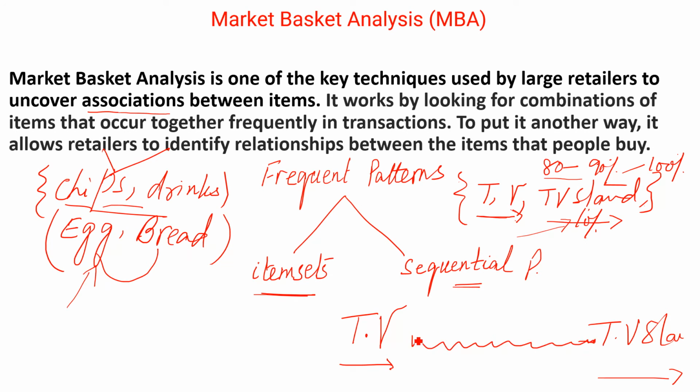While they walk from one corner of the store to the other corner, they will definitely see some other things, maybe movies or games and whatever. They will also buy these things, or maybe the owner will also provide some discount here, that if you buy the television, I will give you a 10% discount on the television stand and 20% discount here. In this way he can increase the profit.